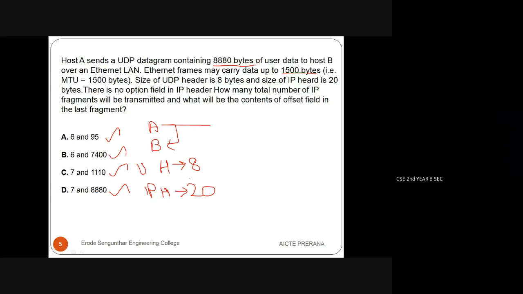The question is very simple and they have asked it very cleverly. They have given the user datagram data in bytes, 8880, and they have given the MTU as 1500 bytes.